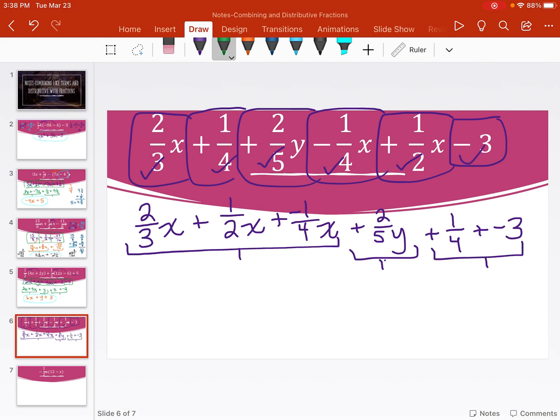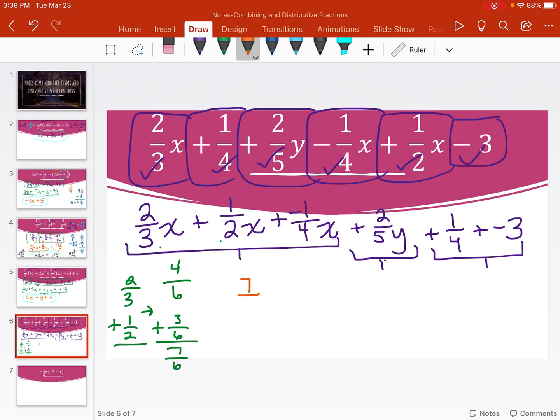Okay, so let's do this a little bit at a time. So I'm going to chunk it. I'm going to do the 2/3 plus the 1/2, since they're both positive, I'm going to add them. So 2/3 plus 1/2, remember common denominators, so I'm going to make these sixths. So I really have 4/6 plus 3/6, which is 7/6. Normally I would say simplify that, but since I have to do another step with adding that negative 1/4, I'm going to keep it how it is and then simplify at the end.